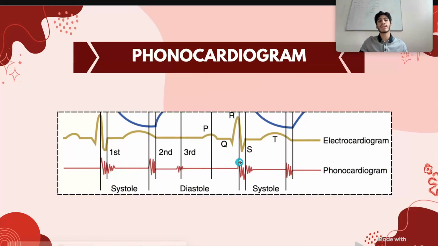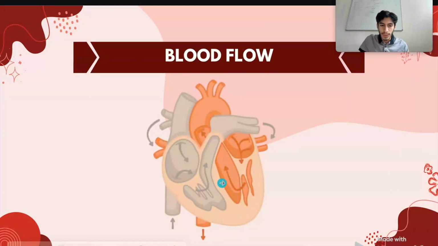Now let's compare this to the phonocardiogram, which is basically measuring the sounds coming from the heart. As soon as the ventricle starts contracting, there's the sound, but this sound actually doesn't come from the contraction. It comes from the closing of the mitral and the tricuspid valves. Let's go back. So these valves over here, once they close, that's what that sound is.